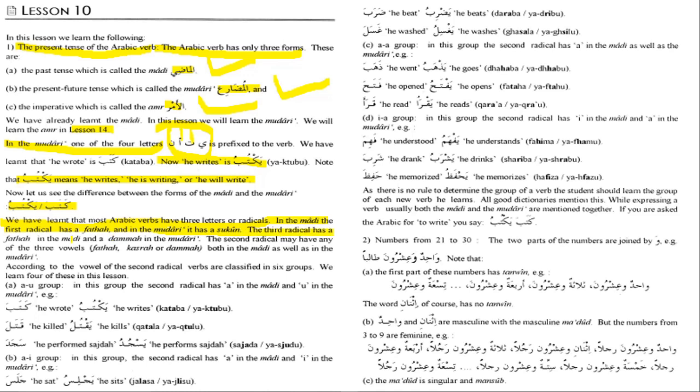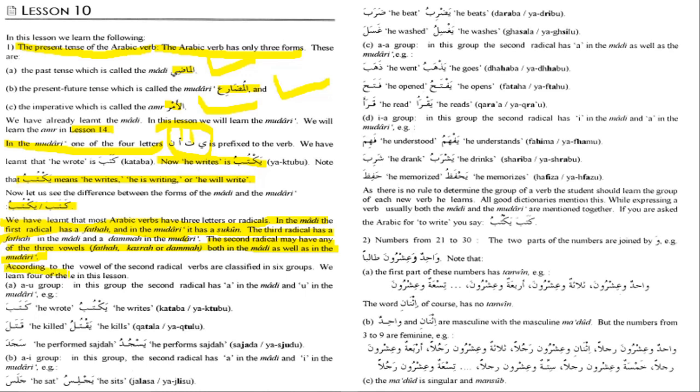The third radical has a fatha in the madi, and in the mudari' it has a dhamma. The second radical may have any of the three vowels, fatha, kasra, dhamma, both in the madi as well as in the mudari'. So the action always happens at the ayn kalima, the second radical.